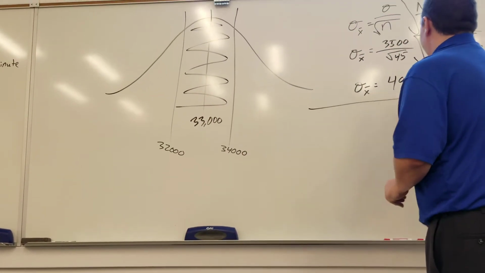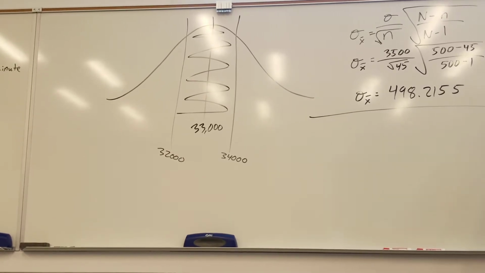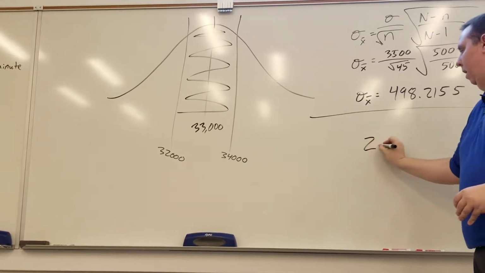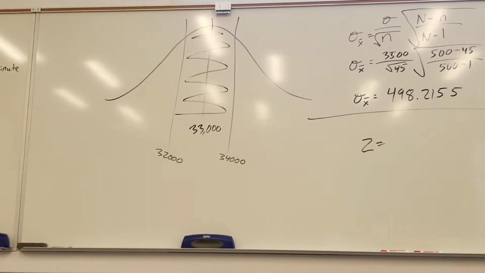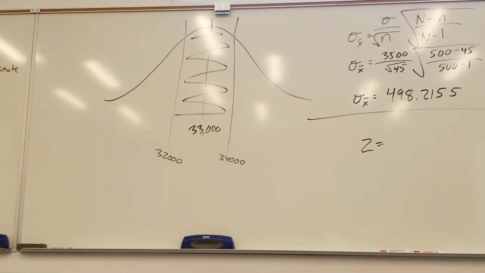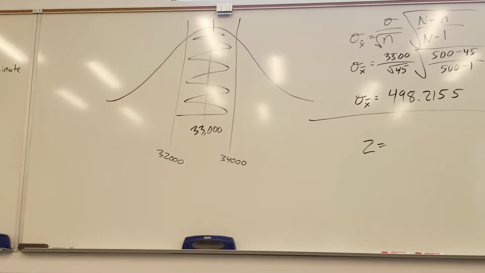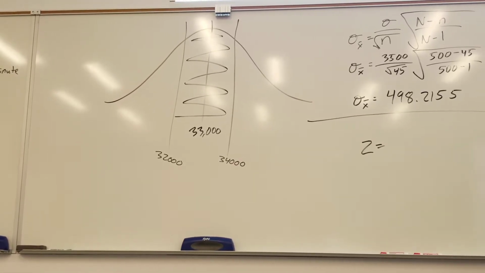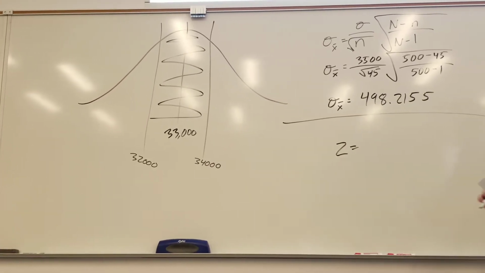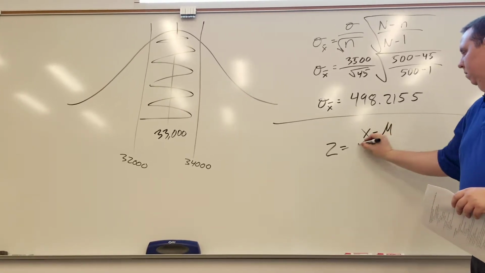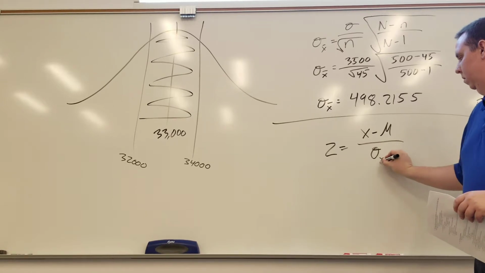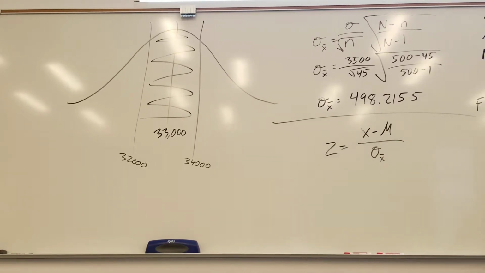So what is our z-score formula now? x minus mu over our standard error.